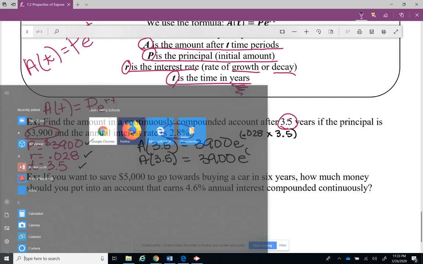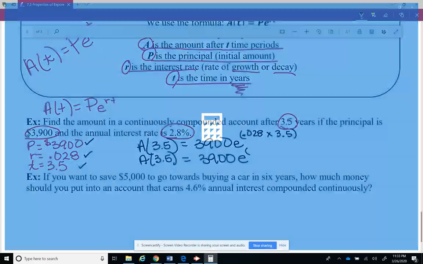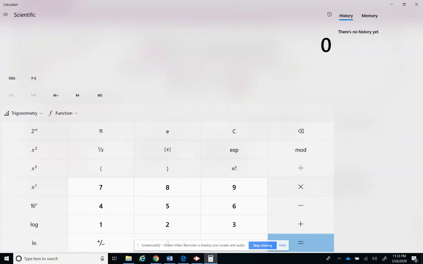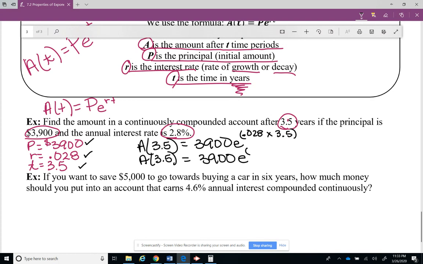So we're going to go back to our calculator, okay, and we're going to put 0.028 times 3.5 equals, all right, we're going to write that down, 0.098. All right, so this is 0.098. All right, now, you always want to do exponents first.